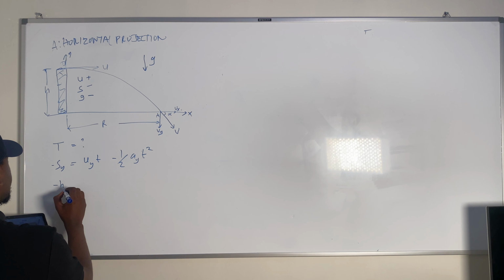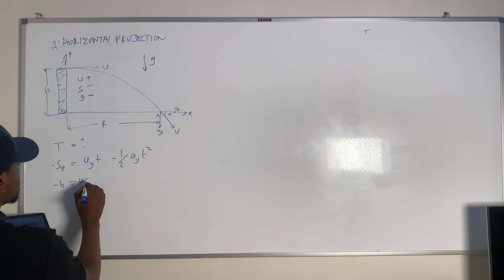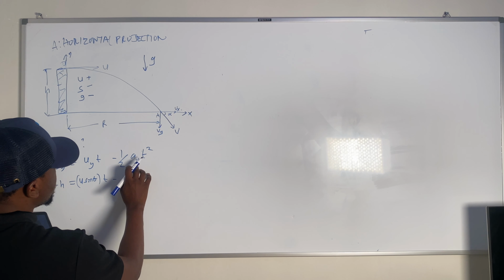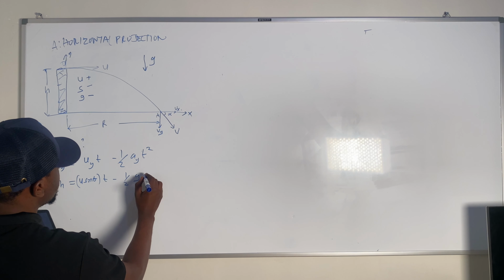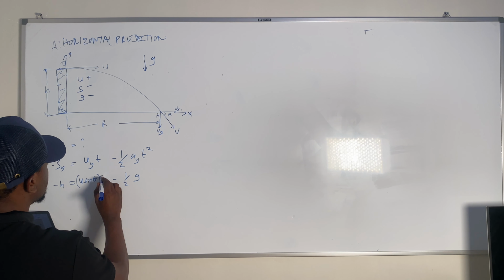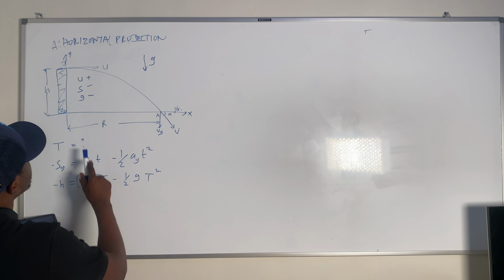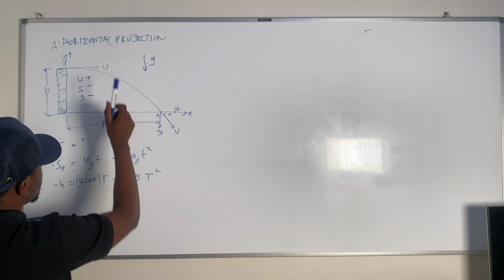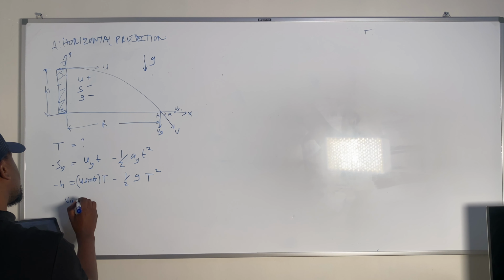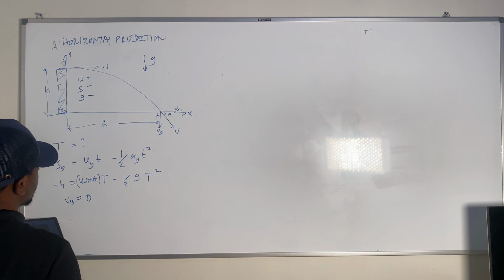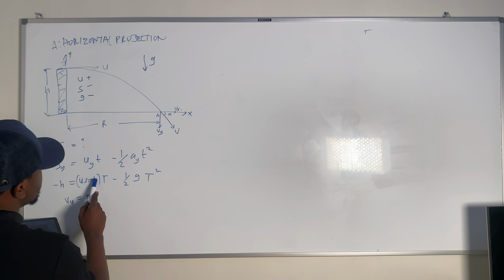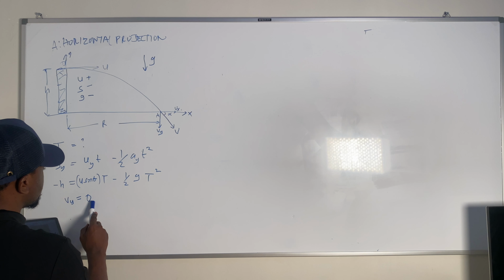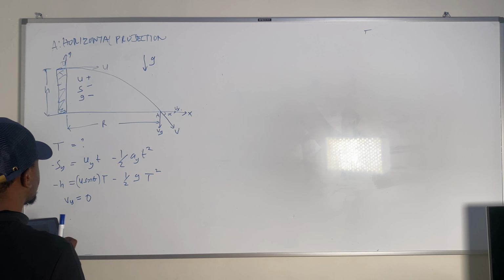So we have negative h is equal to u sine theta times t minus a half g t squared. This projectile is projected horizontally, so the component of velocity in y direction is 0. This is simply because this angle is 0 here. So this whole thing here is equal to 0.